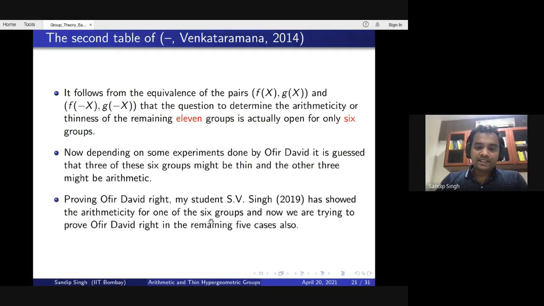Proving him right, my student Shashank Singh showed the arithmeticity of one of the 6 groups, and now we are trying to prove that the observation David had is true. So only 5 cases are remaining, up to equivalence of f(x), g(x) and f(-x), g(-x).